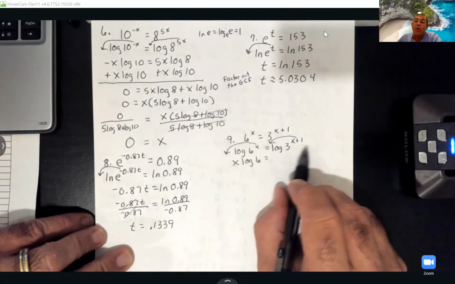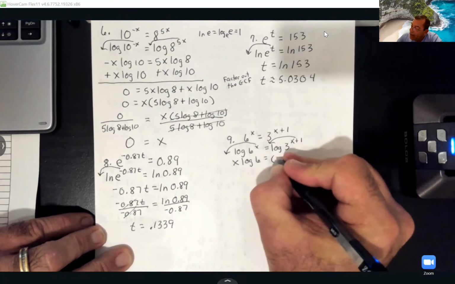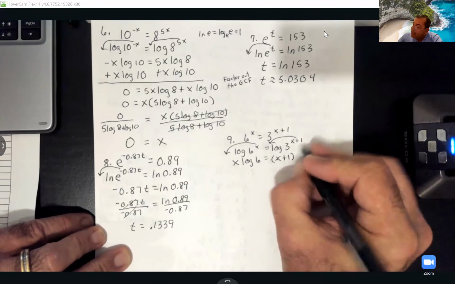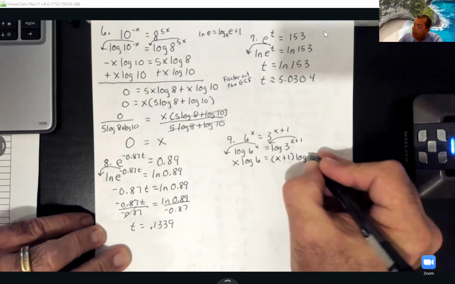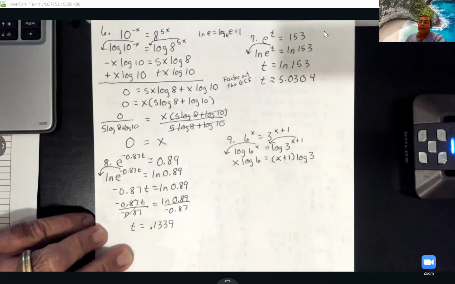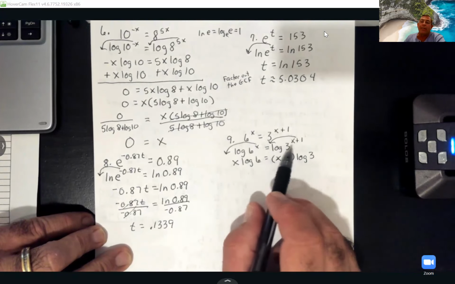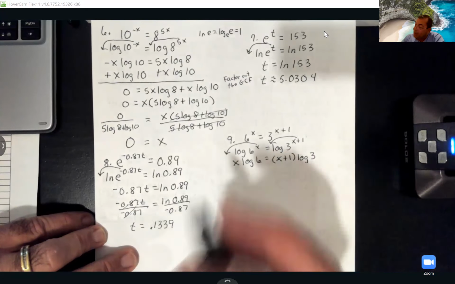Now, I got 2 terms in this exponent. So when I bring it down, I'm going to put it in parentheses, because the x plus 1 both have to be multiplied by this log 3 down here. Okay, anytime you got more than one term in the exponent, every part gets multiplied by the log 3. So this side I'm going to leave the same for the second.